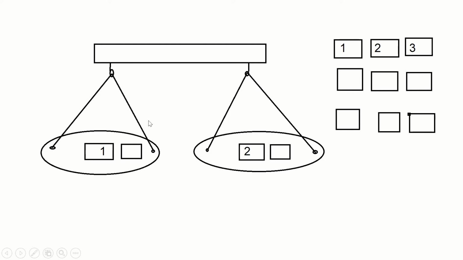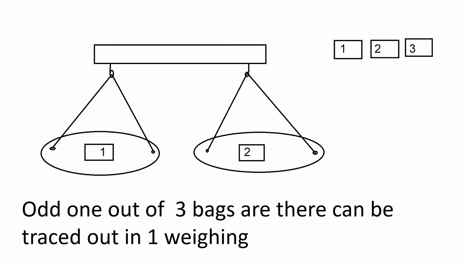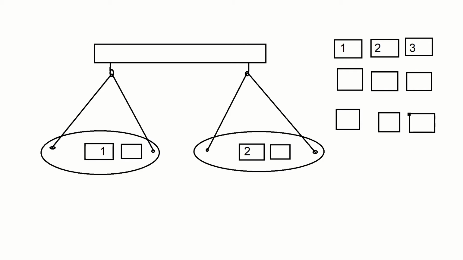Suppose this time the odd one is in these two. So we use another balance to find the odd one. So a total of 3 weighings are required.